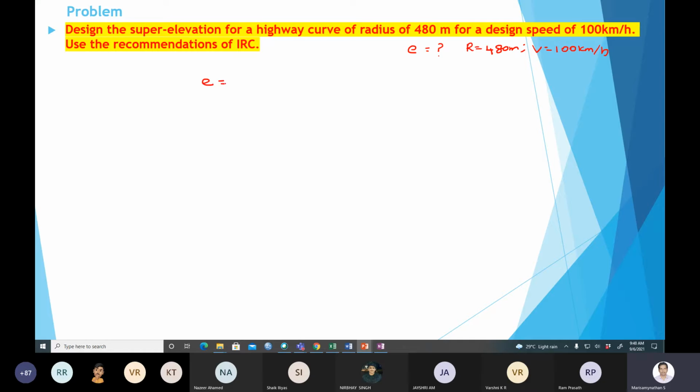So the equation is, we know that e is equal to V squared divided by 225 R. So V squared is 100 squared divided by 225 into 480 meter. What is the e value we are getting? 100 squared divided by 225 divided by 480.